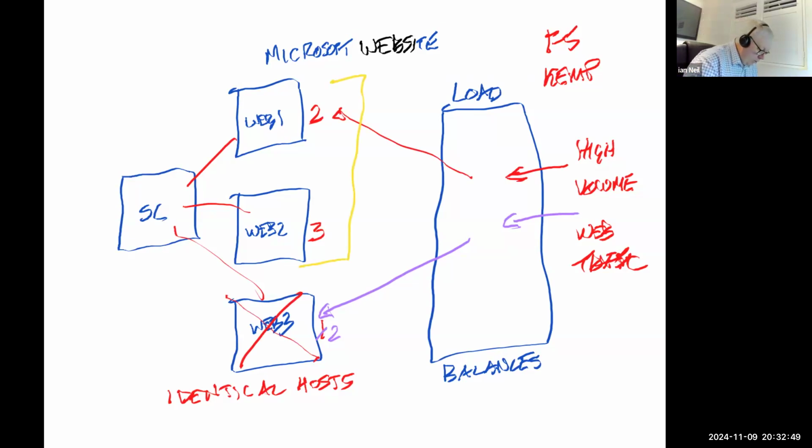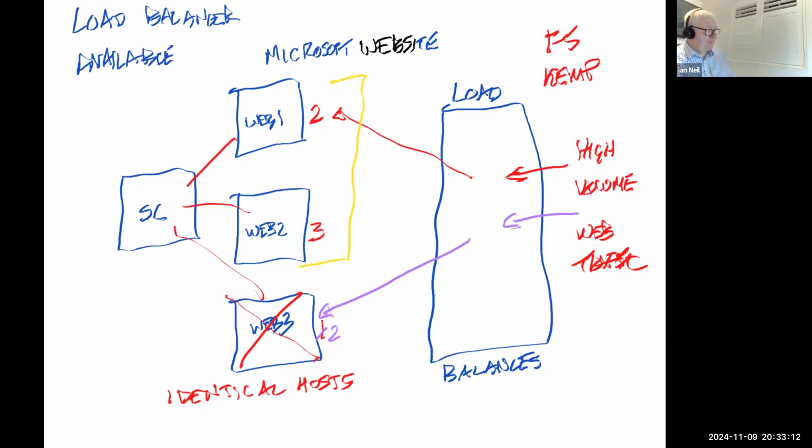But what does a load balancer give you? And when you're looking at the Security Plus 701 exam, he gives you availability. So when you're visiting the Microsoft website, they might have 200 or 300 web servers working with 5 or 6 load balancers.